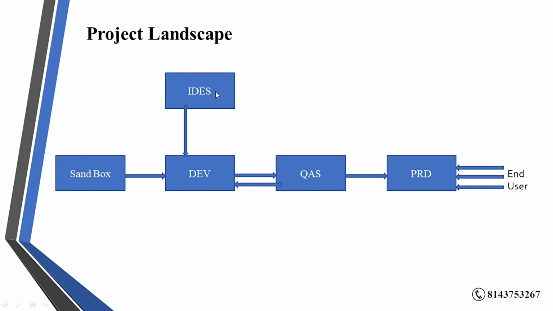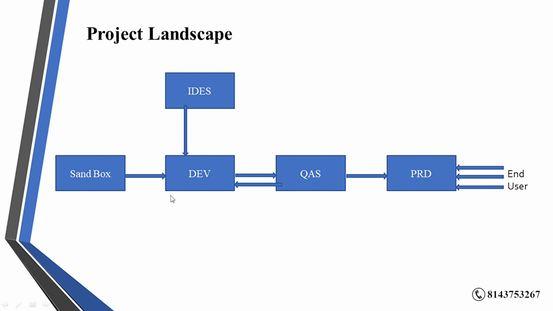Okay. So the next one is sandbox. Sandbox will be a development, research and production copy. So it will have all the objects of production. Every month or quarter, they will replicate the production data into sandbox. Okay. So once sandbox development is done, we will move it to development.